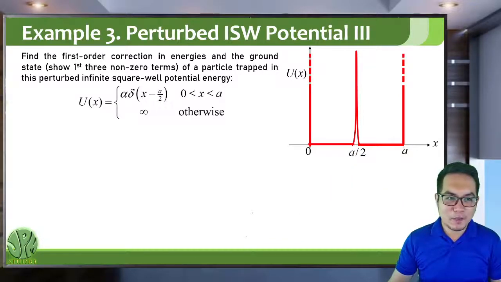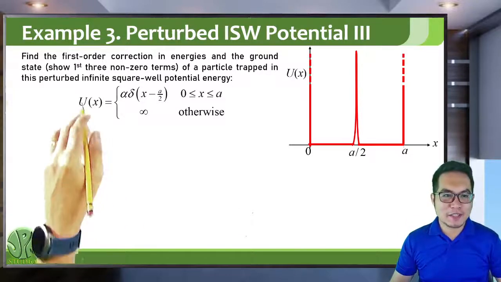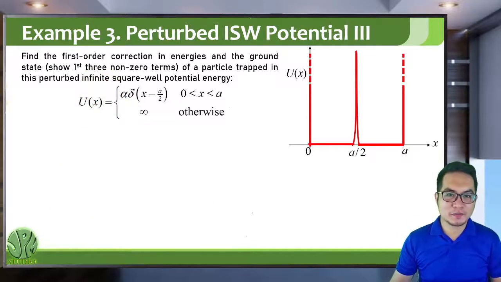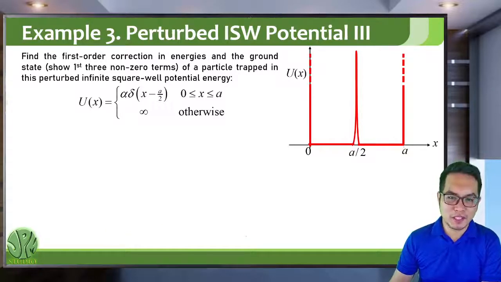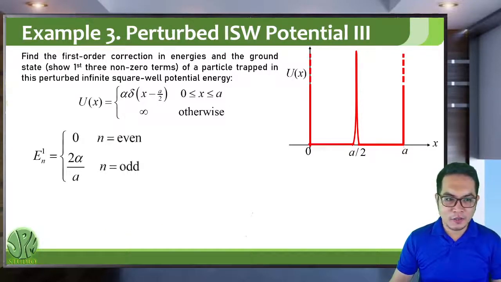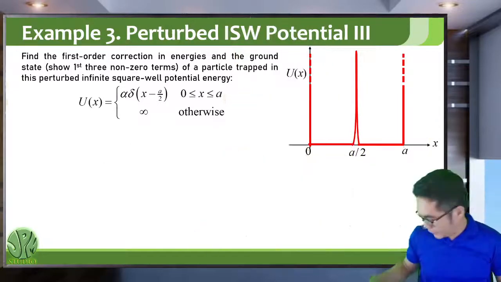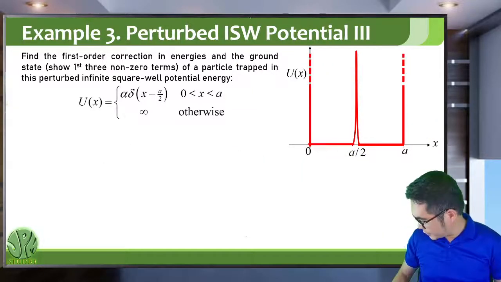You are asked to find the first order correction in energy and the ground state, and only show the first 3 non-zero terms of a particle trapped in this perturbed infinite square well potential energy. Okay, sorry.